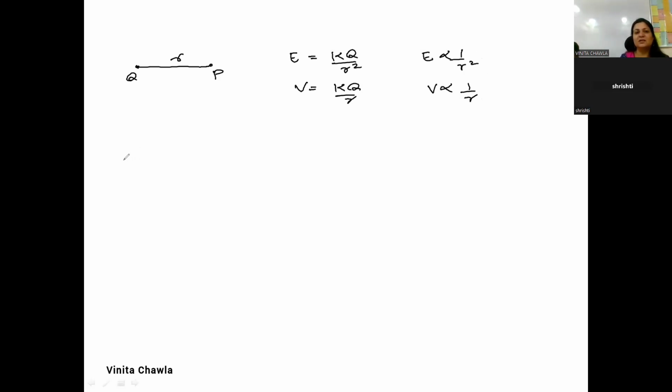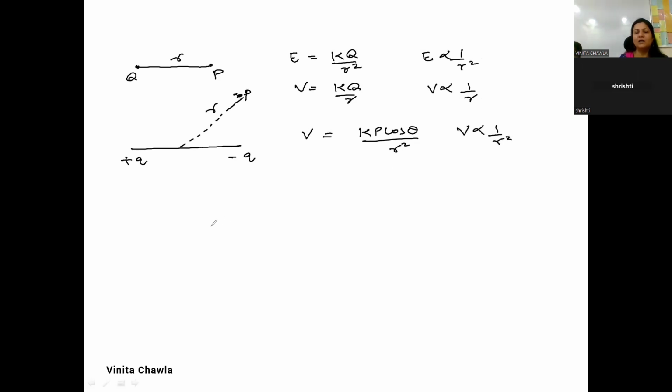One such case is the case of electric dipole. When we find electric potential at some point P, at distance r from the center of the dipole, electric potential at P is Kp cos theta by r square. So in this case, V is inversely proportional to r square.